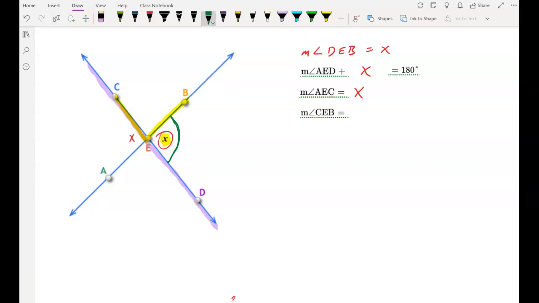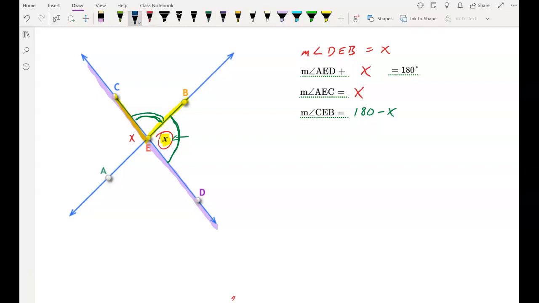But we don't know what this one is. But if we subtract 180 minus x, whatever this is here, that will give us the measure of angle CEB. So, if we gave x a measurement, and we subtracted that from 180, that would give us the measurement of this angle here.